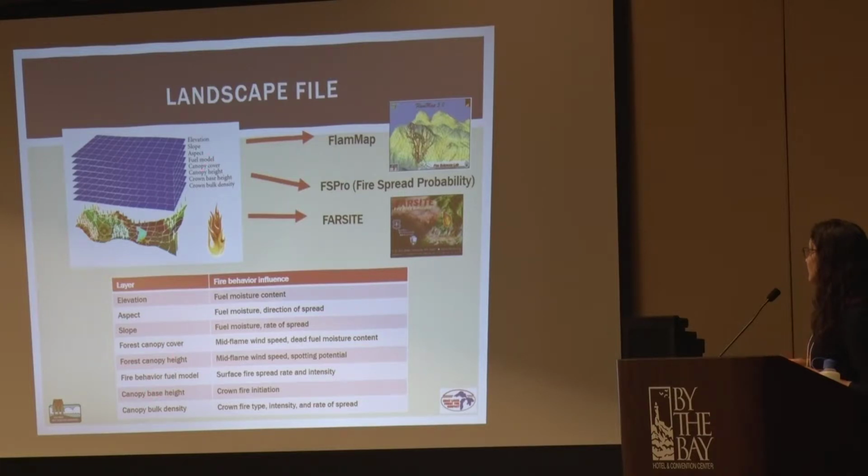Each of these 8 layers has a different influence on fire behavior. What we're really going to be focusing on today is the fire behavior fuel model, which influences surface fire spread rate and intensity. In the example of the data critique that I'm going to give, they actually did some canopy height and cover adjustments, but I won't be getting too into that today.